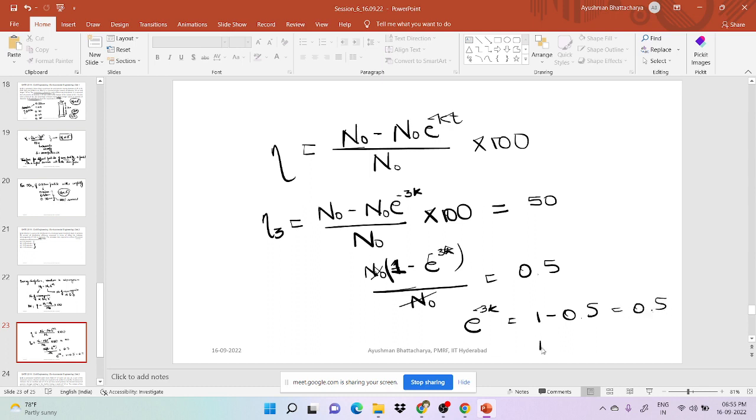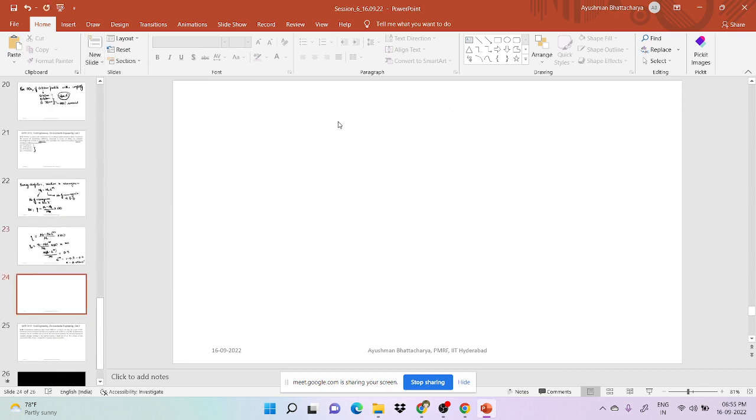If you calculate it, k will come out to be 0.231 per minute, because time is given in minutes, so the unit will be minute inverse.